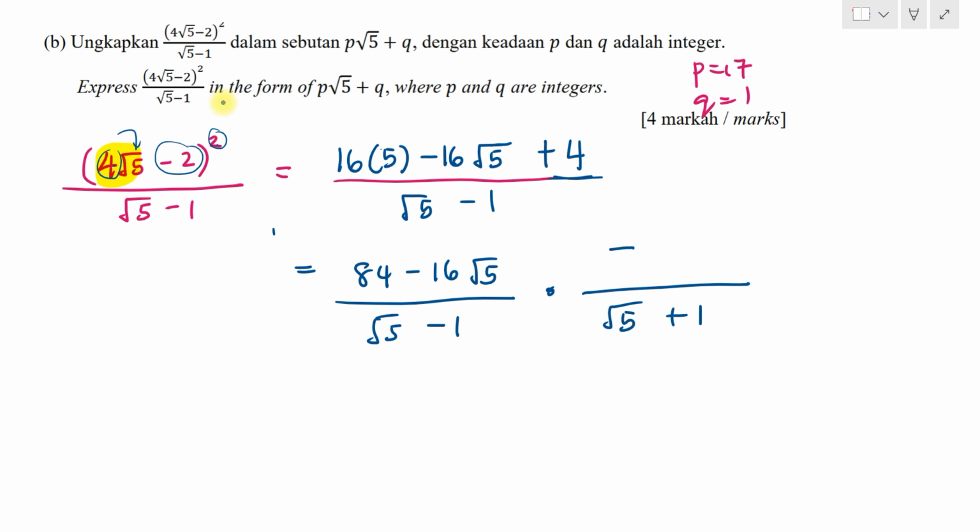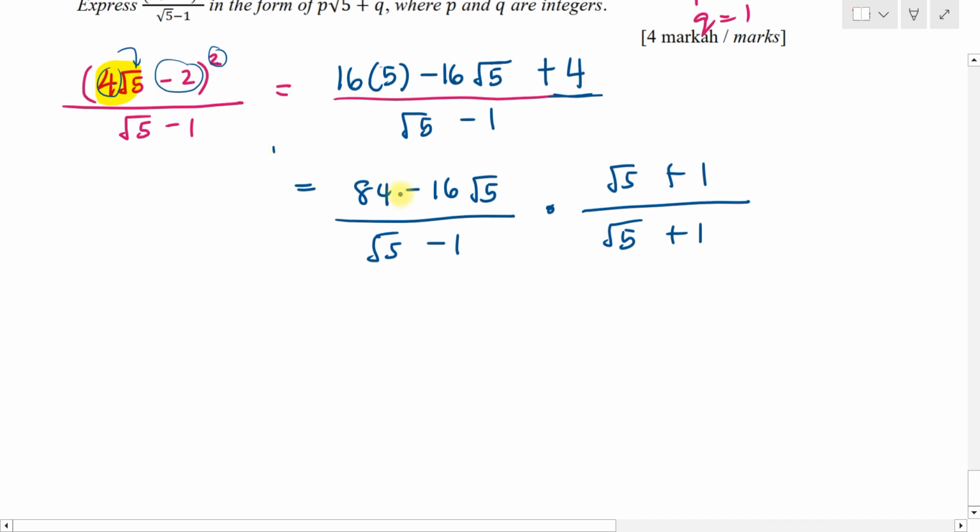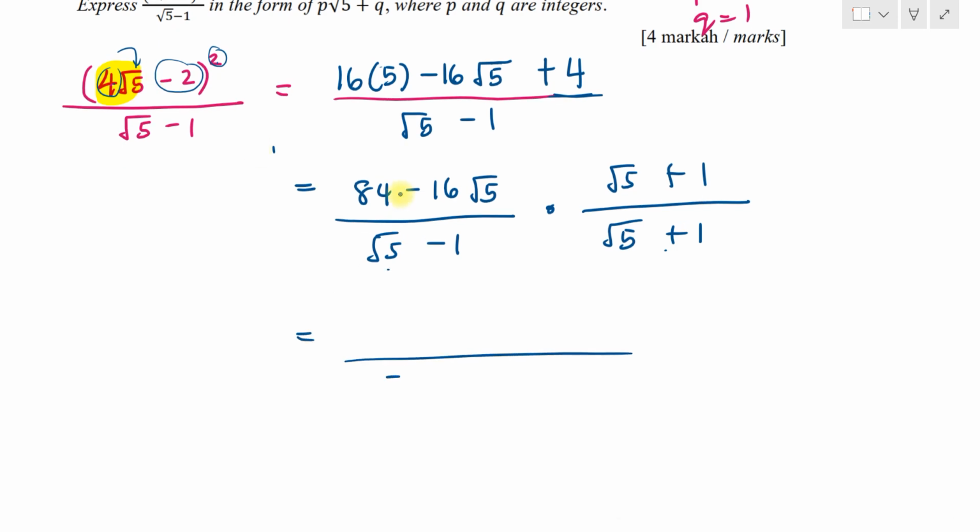Conjugate it. Okay. Right. Now surd 5 becomes just 5. In between, minus 1 squared is 1. Denominator is very easy. Numerator, 84 times surd 5, 84 surd 5. 84 times 1, 84.